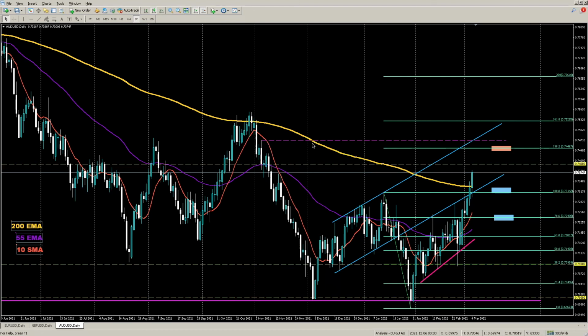Okay. So the Aussie also rallying to get along with the safe haven currencies of Japanese yen, US dollar, as well as the metals for spot gold.